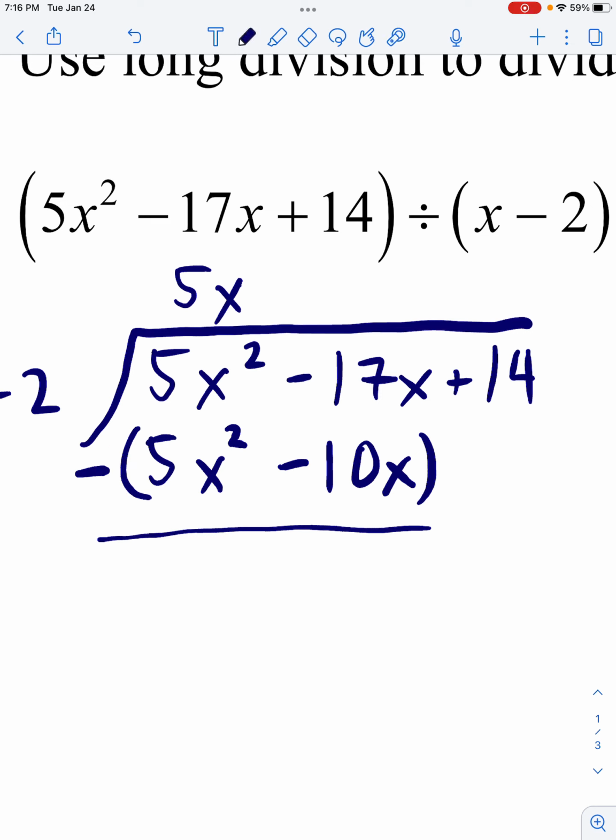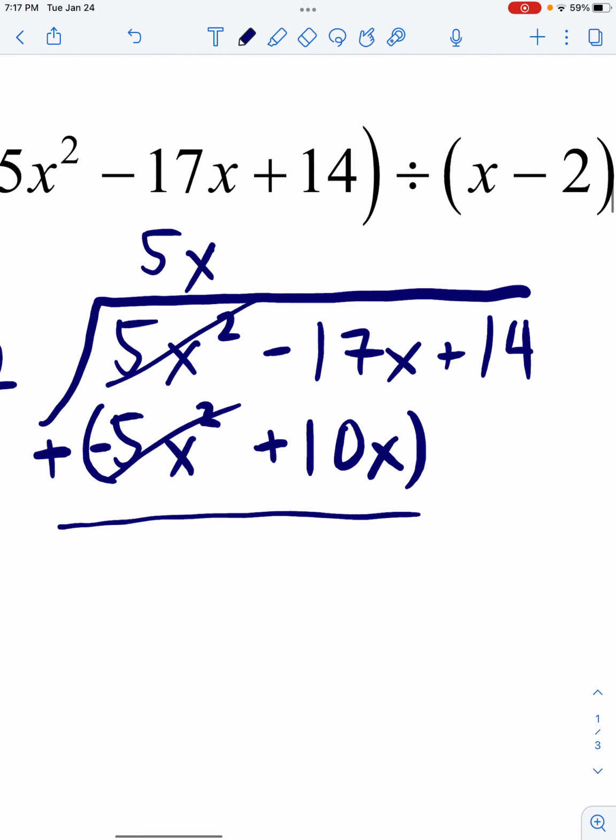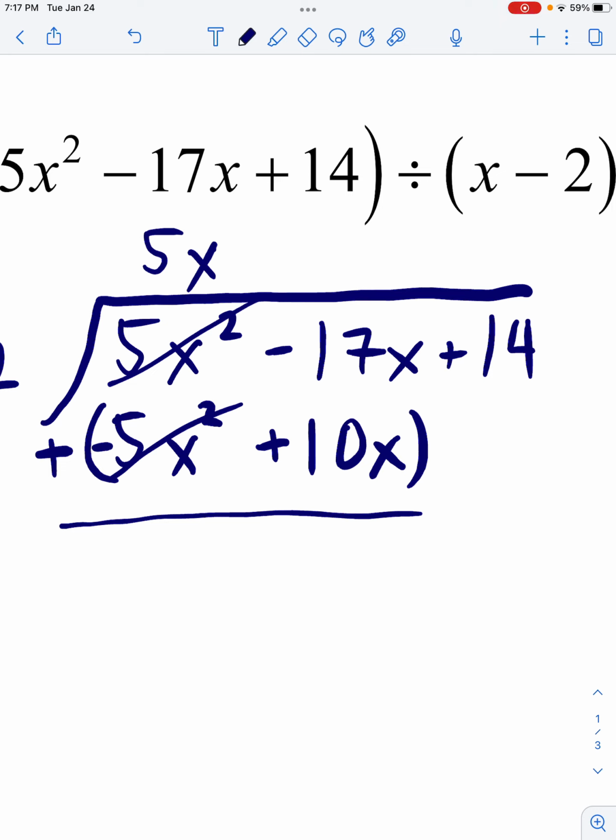So I'm going to rewrite this as plus minus 5x squared plus 10x. As long as I change these two signs, I can change this to a plus sign. 5x squared plus minus 5x squared cancels, that goes away, and we're left with minus 17x plus 10x. That is minus 7x.